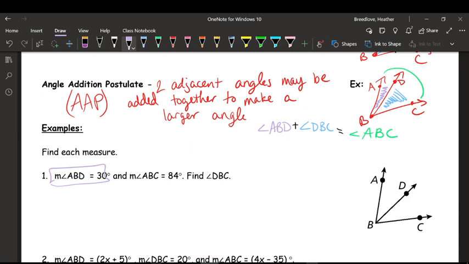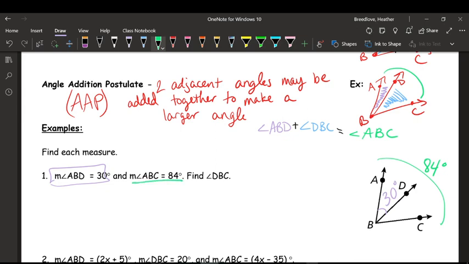Here's A, here's B, here's D. It's that angle. I know it's 30 degrees. Measure ABC is 84 degrees. So ABC, that's the whole angle. That's the big one. So I'm going to mark it like that, 84 degrees. And that's not a universal marking for the larger angle. That's just the way I like to do it. I feel like it makes the most sense. So that's the way you're going to see me write it.